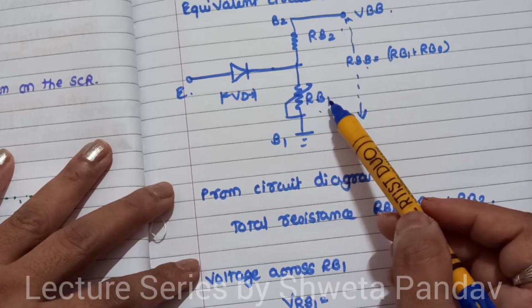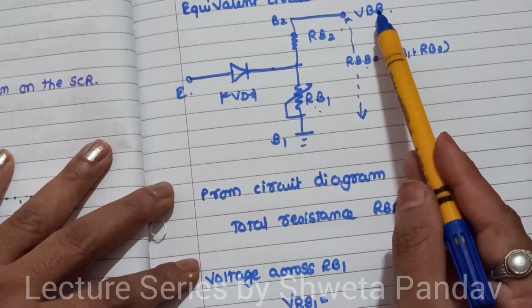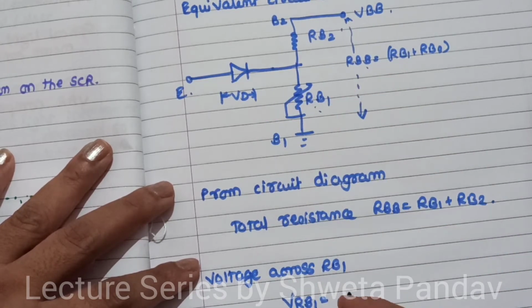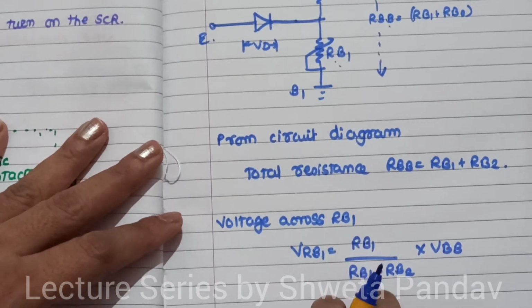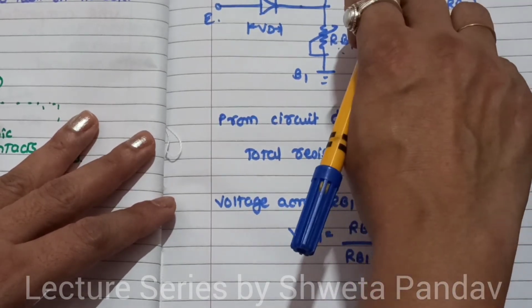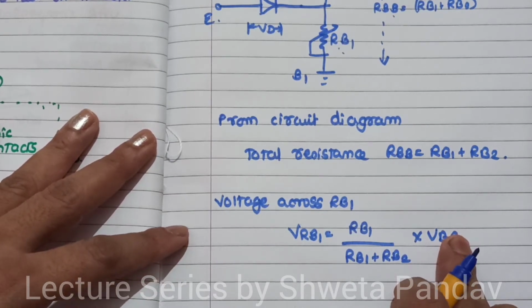The voltage divider rule says that if two resistances are in series and the total voltage is VBB, then the voltage across a particular resistance is the value of that resistance divided by the equivalent resistance, multiplied by the total voltage. The value of the resistance is RB1, the total resistance is RB1 plus RB2, and the total voltage applied here is VBB.